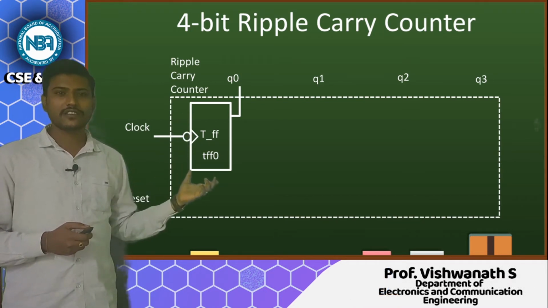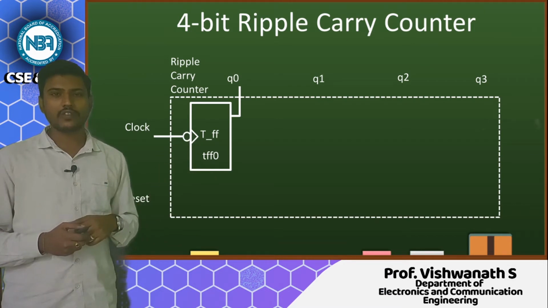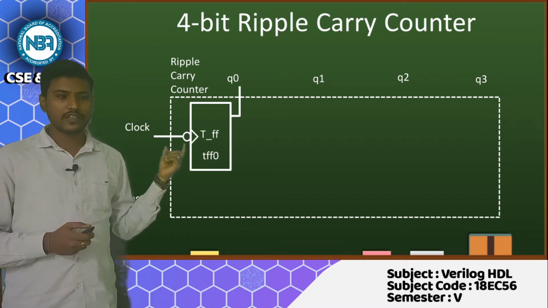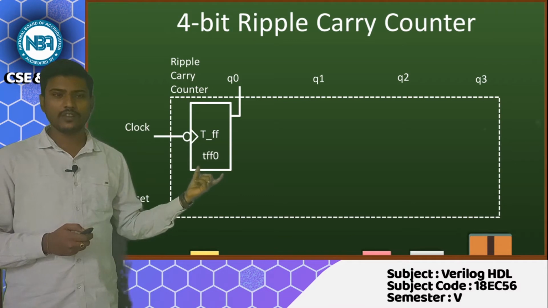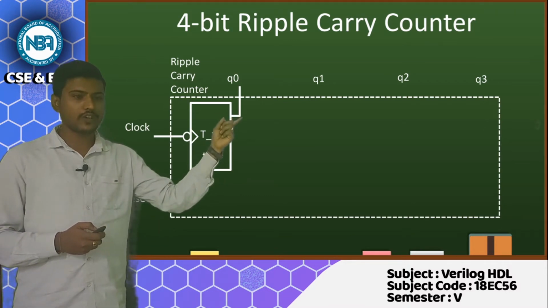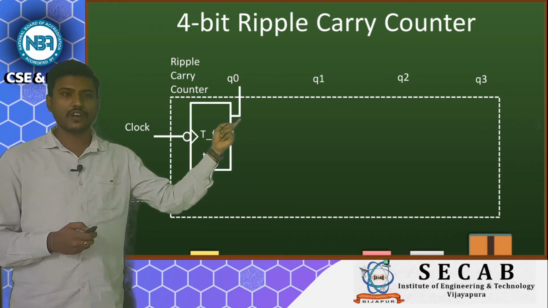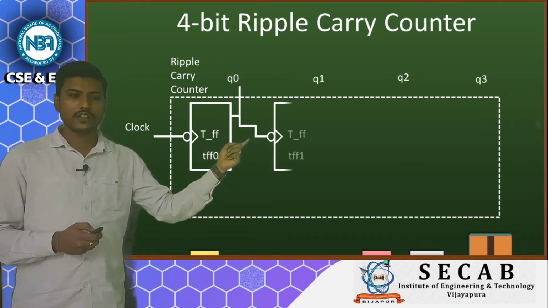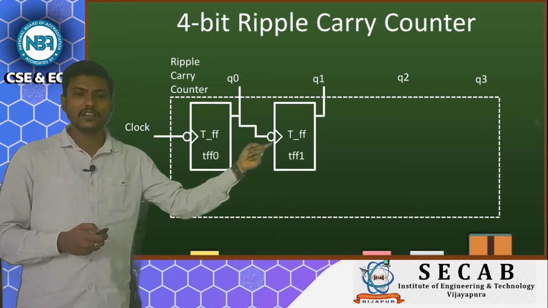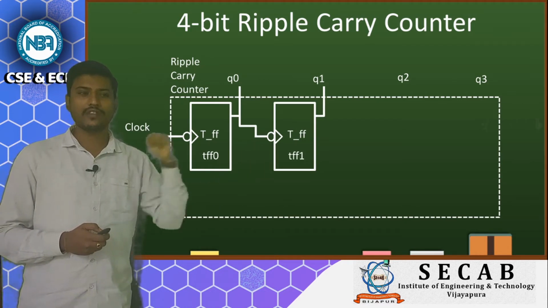First, let us understand how this ripple carry counter works. The clock is fed to the first flip flop, and the output of this flip flop is fed as the input clock for the next flip flop.